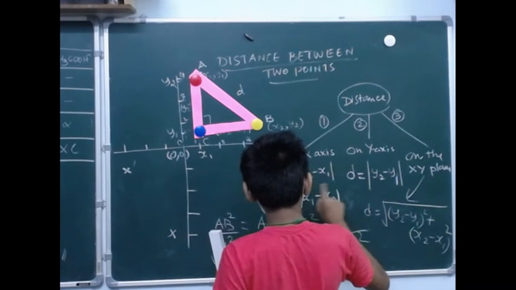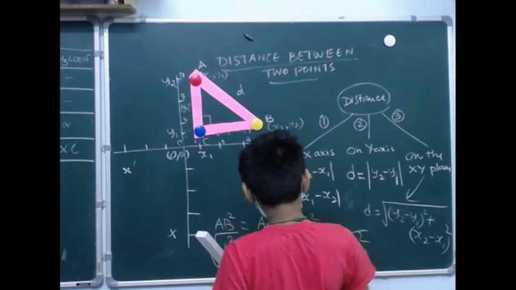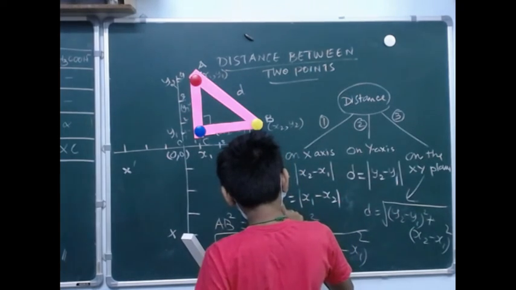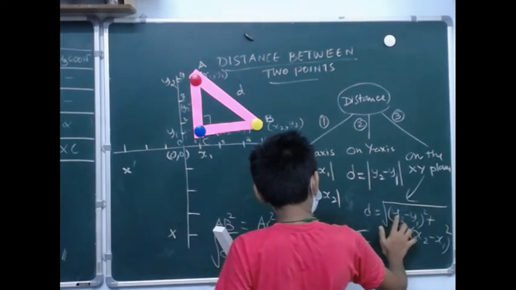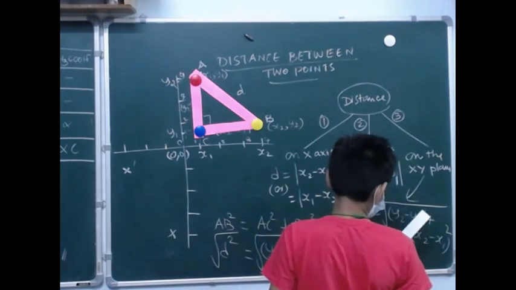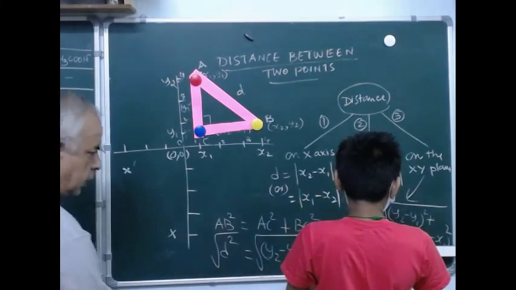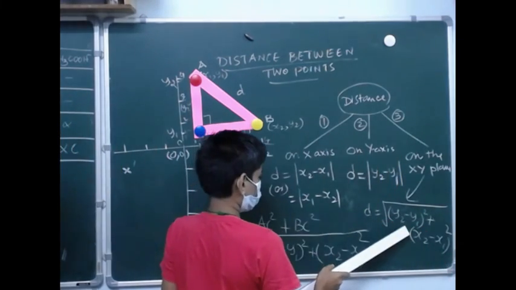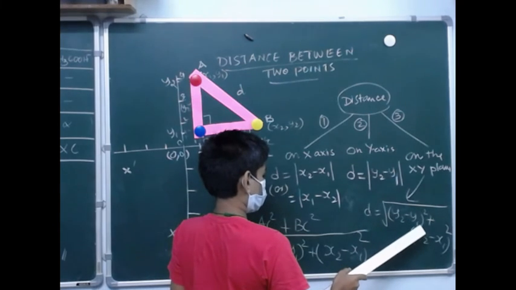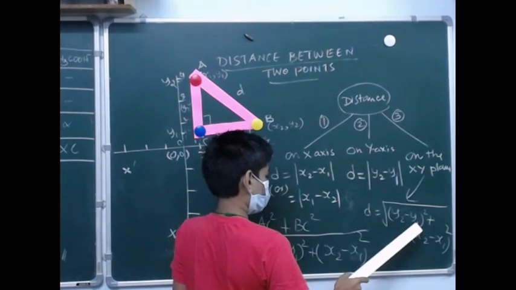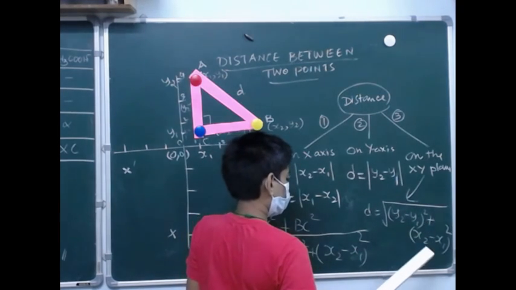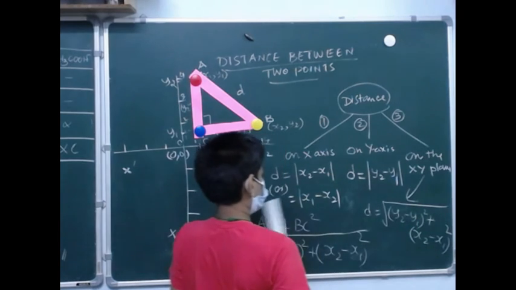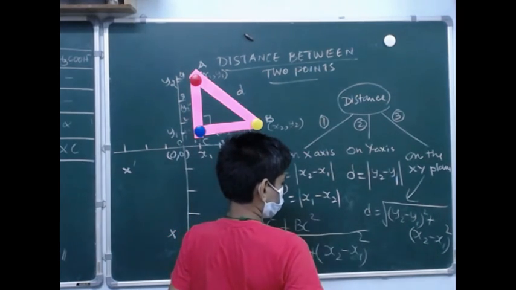And for xy plane, D is equal to the square root of y2 minus y1 the whole square plus x2 minus x1 the whole square. That gives you the distance between any 2 points on xy plane. Got it? Okay. Very good.